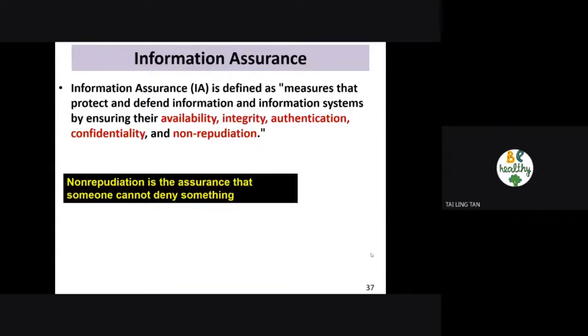Then we come to this last slide. We have this thing called information assurance. Just now, for information security, we set the CIA, we set this audit trace, and we hope that everything is okay.